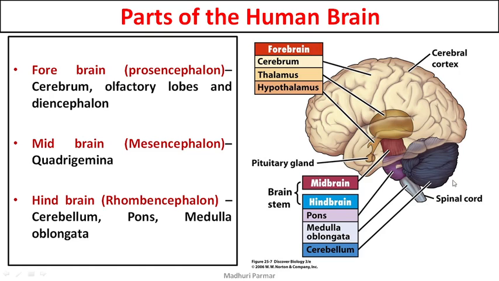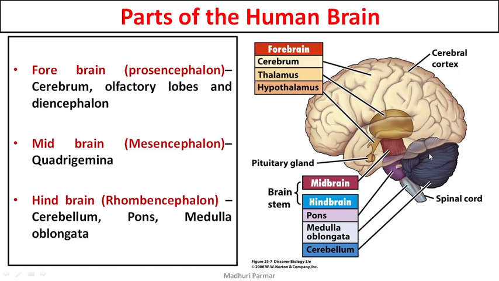It is made up of cerebellum, which is this navy blue colored structure that you see, which in vernacular you call chota dimag or nanu magaj. So this here is your cerebellum. Then with cerebellum you have pons, which is this lavender or purple colored structure, and medulla oblongata.